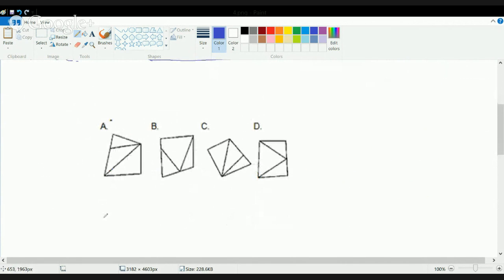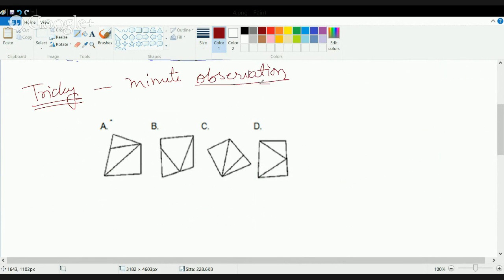The next question. This is a much more tricky question which requires very minute observation. Now, if you look at this question, what you will see is there are triangles. But what is the basic difference which will help us find the odd man out in this series?